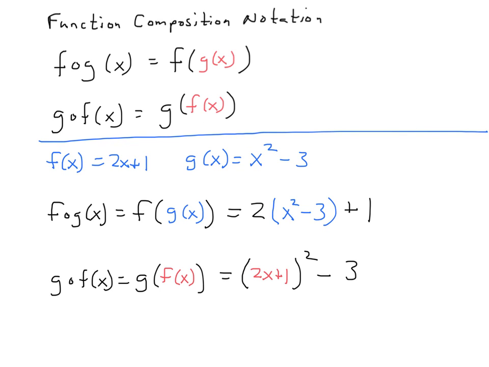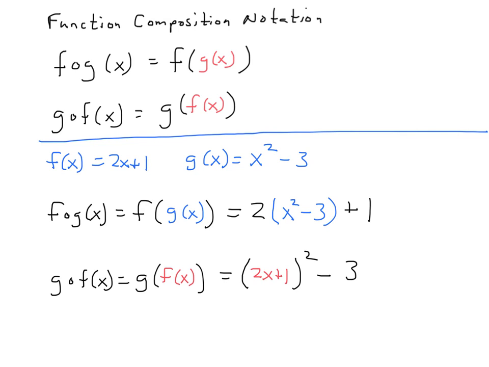And so when I put all of that in for that variable, I end up with 2 times the quantity of x squared minus 3, close off that quantity, plus 1. So that would be what I initially have for f of g of x. I could then at this point distribute the 2 inside and combine the like terms, but for our purposes right now, this is sufficient just to see what that composition initially looks like.